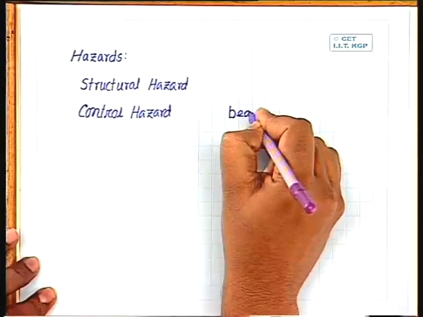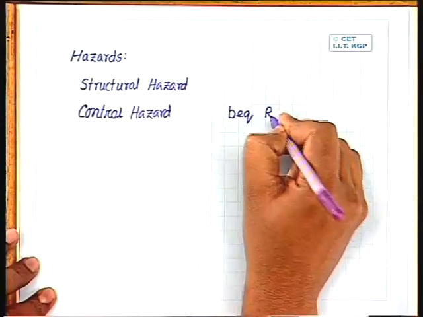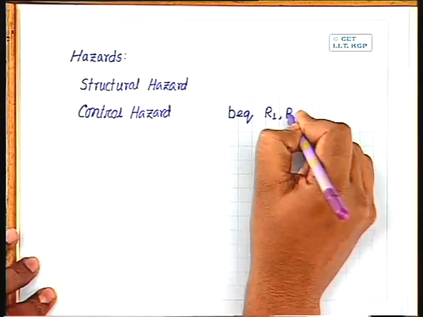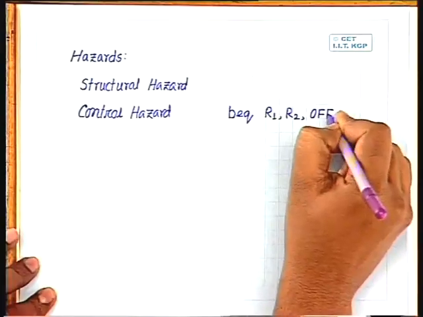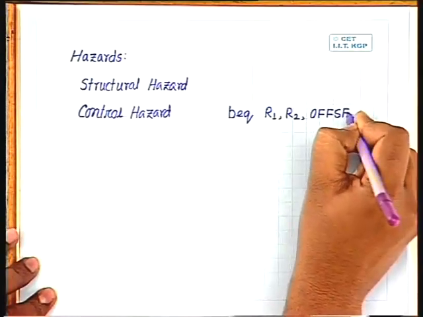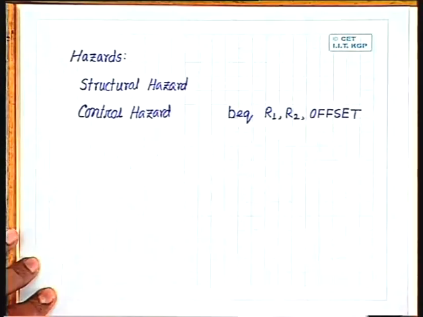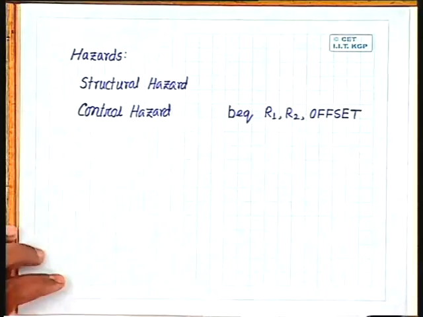Say for example, a branch instruction. We have taken an instruction like this: branch on equal R1, R2, then offset. This is an example instruction that we have taken.